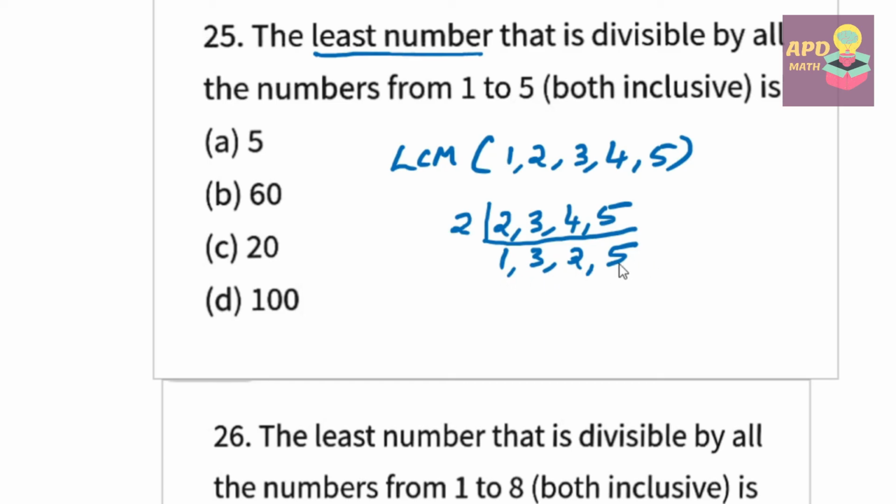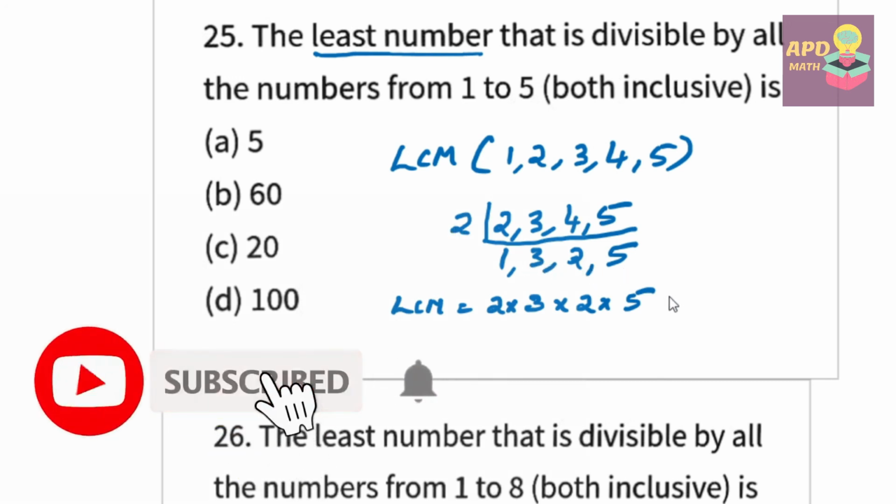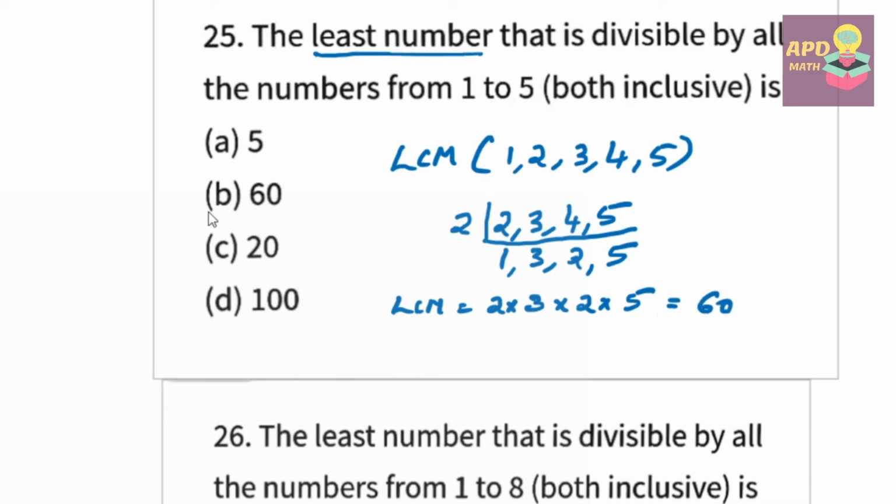So the LCM, not HCF, least common multiple, least number, is equal to 2 into 3 into 2 into 5. 2 threes are 6, 6 tens are 60. So the LCM is 60.